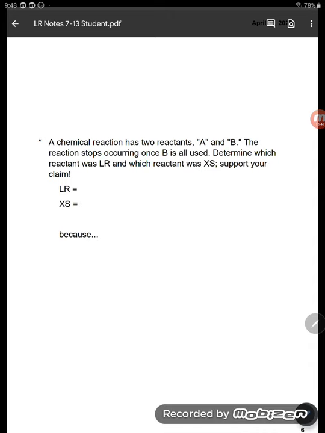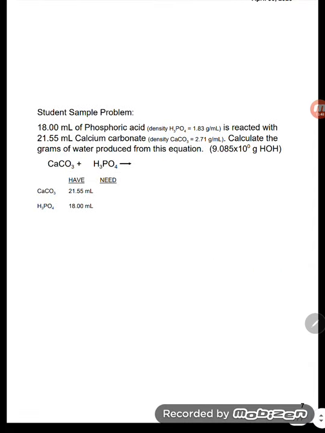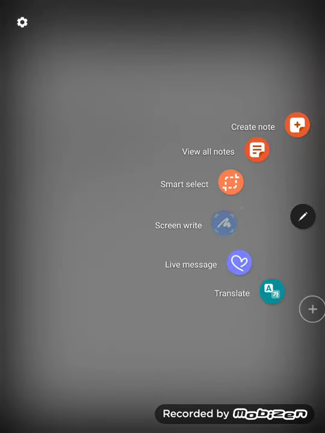On this last slide, you do have your student example. I would say that before you move into doing any of the assessments, you get this student example correct. The answers are posted in that student version. Be careful, because with this, we're starting out in volume.